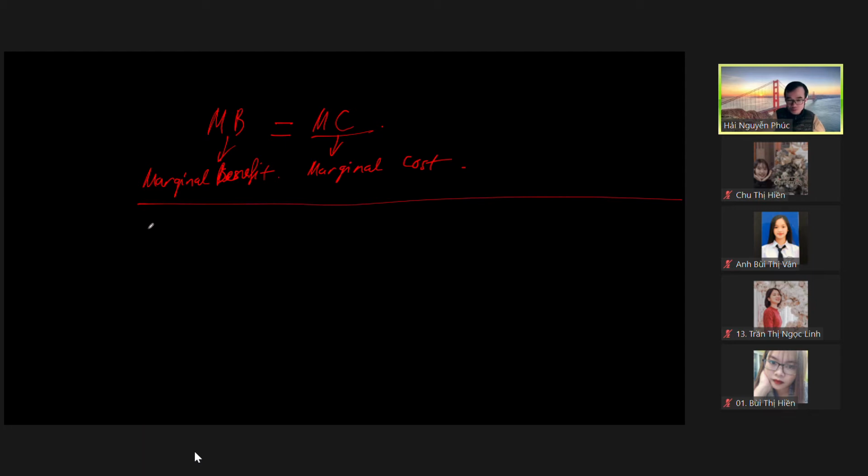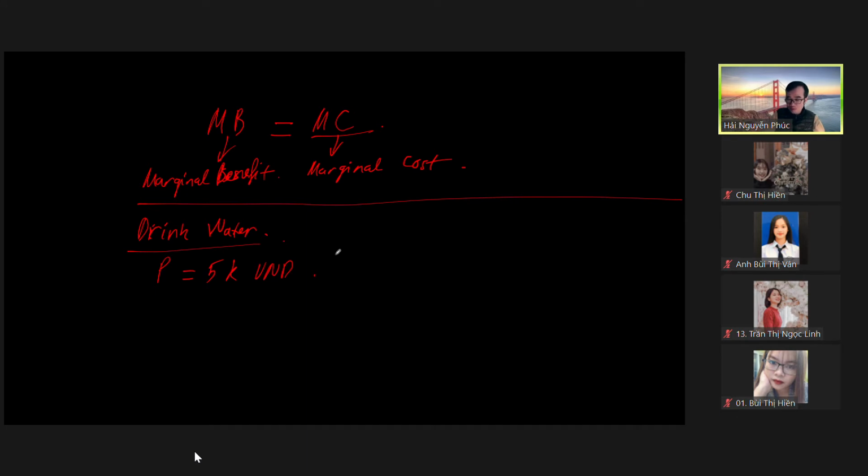Suppose we want to drink water, and the price for a bottle of water is $5,000. If you want to drink water, you go to the grocery shop, you buy a bottle, and it costs $5,000. To make it simple, we can assume that the price is constant.